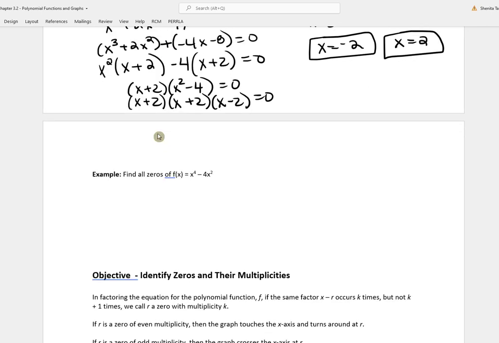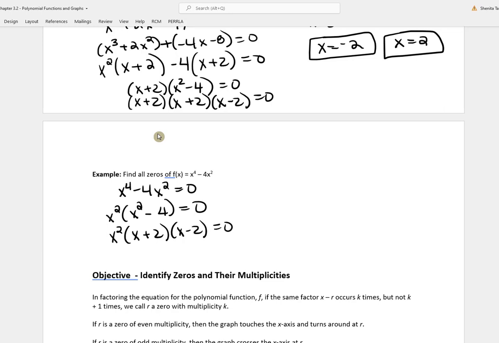Let's try another one. We have f of x is equal to x to the fourth minus 4x squared. I'm going to set this function equal to 0, and I'm going to solve for x. So the first thing I can do is factor out an x squared. I'm left with x squared minus 4 is equal to 0. X squared minus 4 can be factored into x plus 2, x minus 2. So now we have all of our factors.